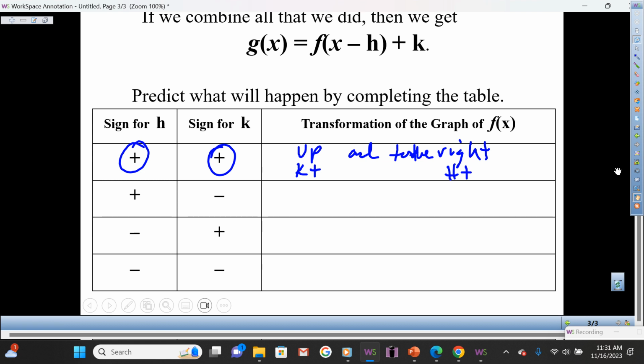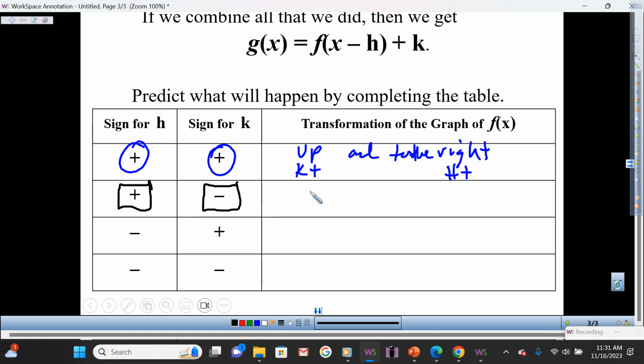All right. Show your neighbor the next row, and then we're going to have Anthony pass it to someone. For the next one, h is positive and k is negative. All right, Anthony, pass someone.